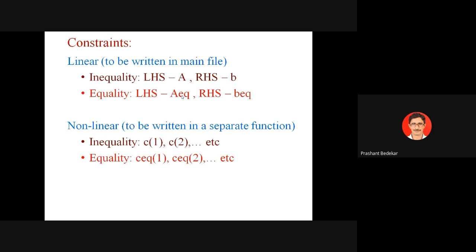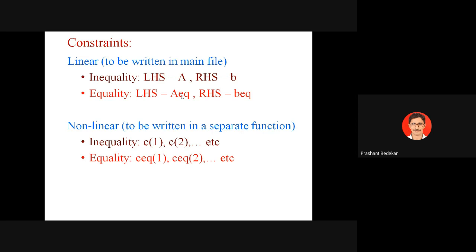For inequality, the left hand side is to be taken care of by matrix A, the right hand side by vector B. For equality, the left hand side is taken care of by matrix AEQ, the right hand side by vector BEQ. This is regarding linear equality and inequality. In case of linear constraints, you need not transfer everything to the left hand side.